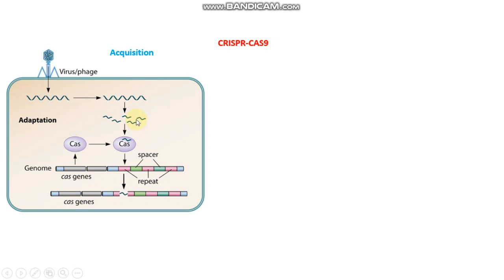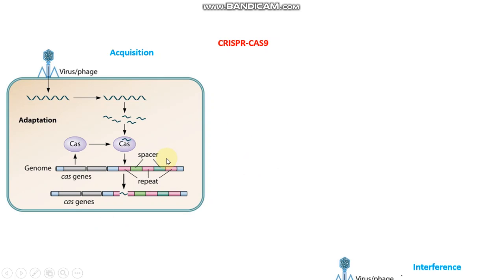That specific sequence copied from the genomic DNA is called the spacer sequence. The CRISPR-Cas locus contains the spacer sequence, as well as repeated palindromic sequences, and also the Cas genes, which encode a nuclease enzyme that cleaves the foreign DNA.